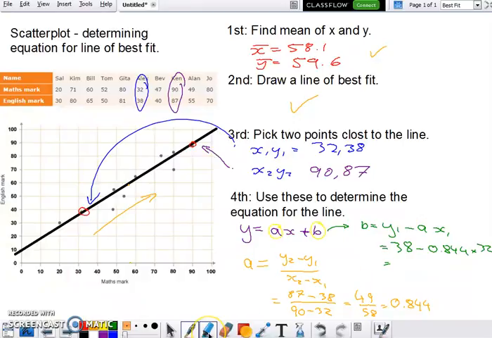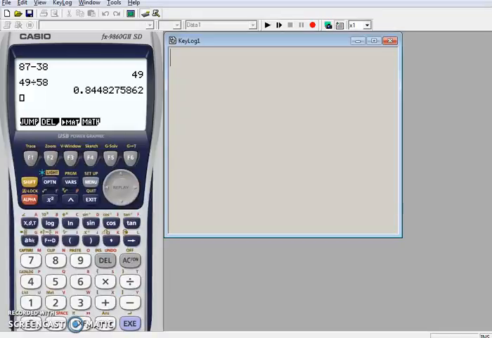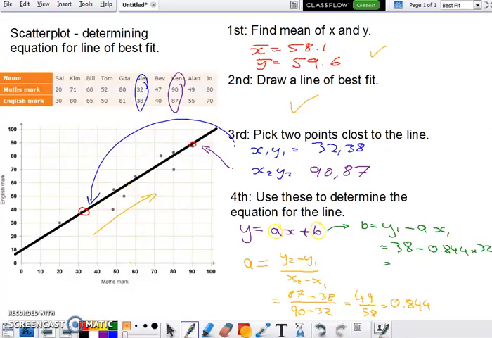We do that. 38 take 0.844 times 32. And we get 10.992. We'll just check that that looks about right. Just the line set look around there.